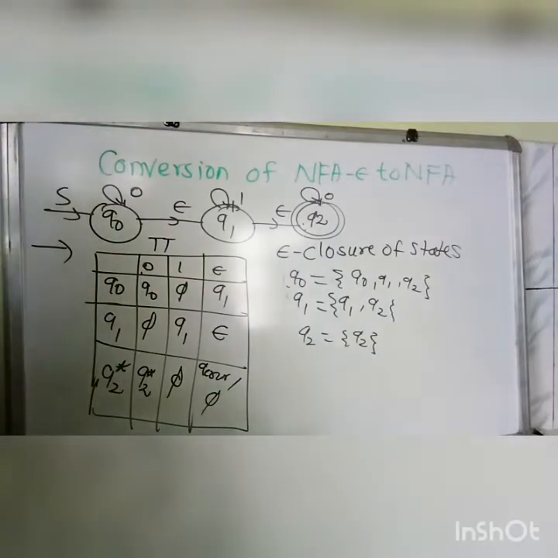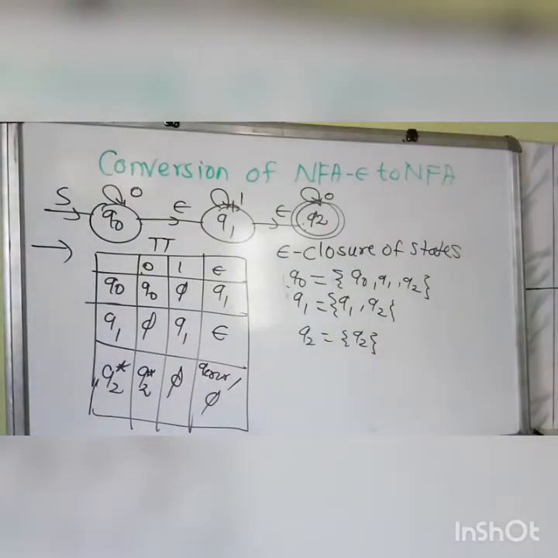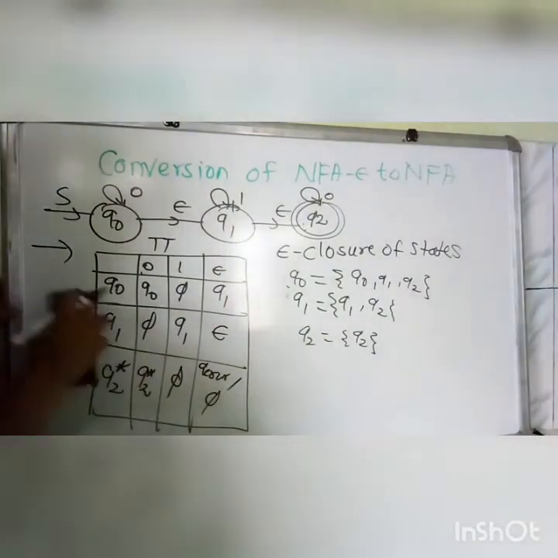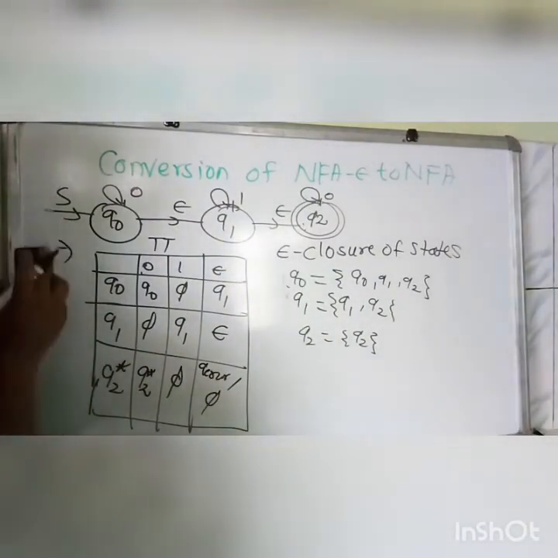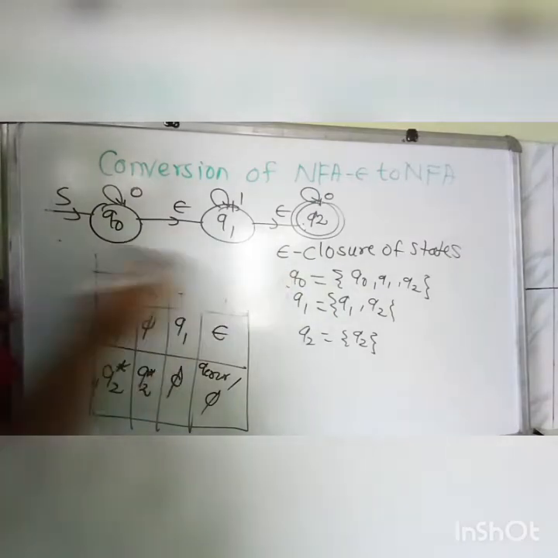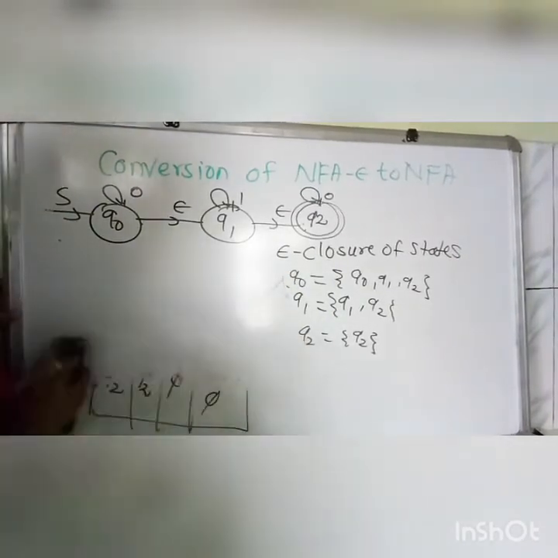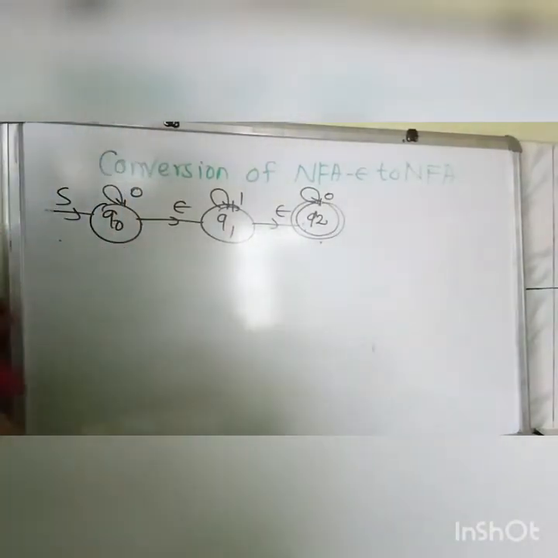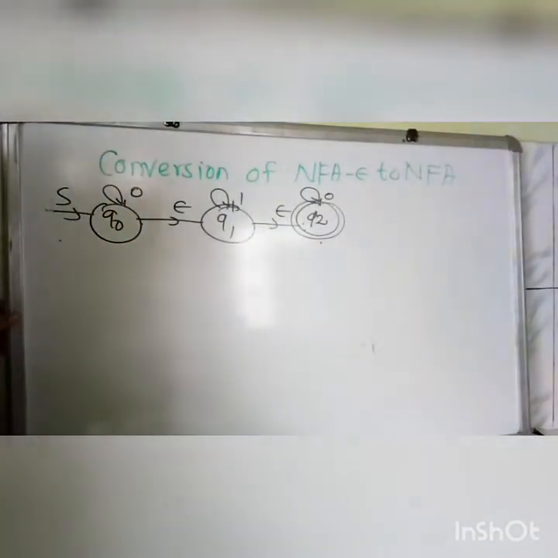Now we will see how to convert this NFA epsilon to our normal NFA. There is a small algorithm that we have to consider for this procedure. What is the procedure?